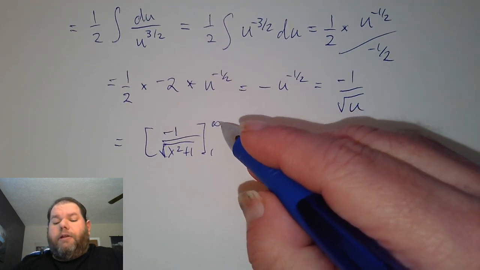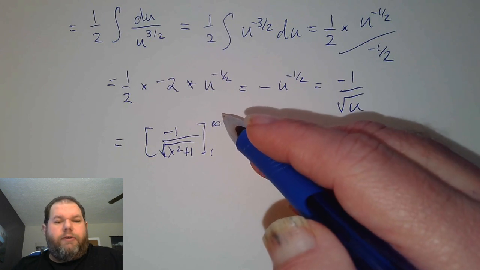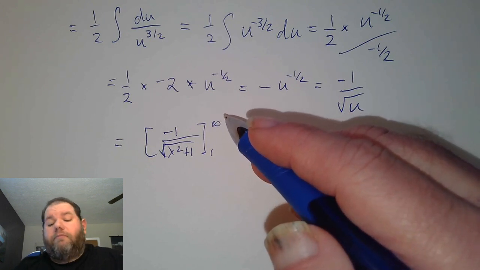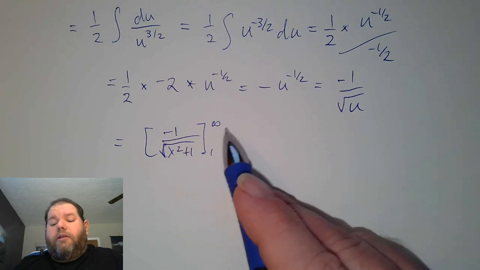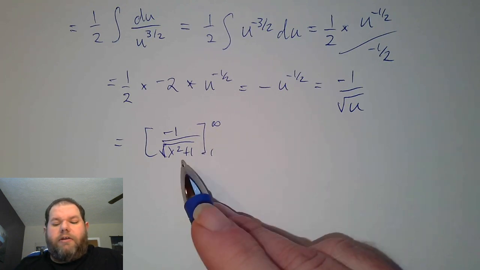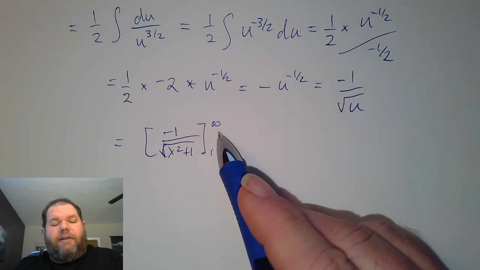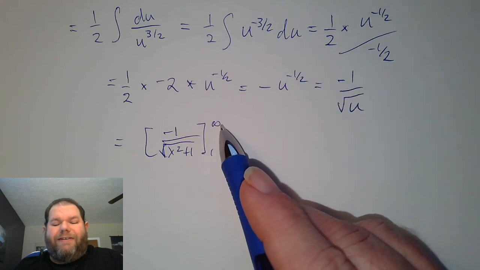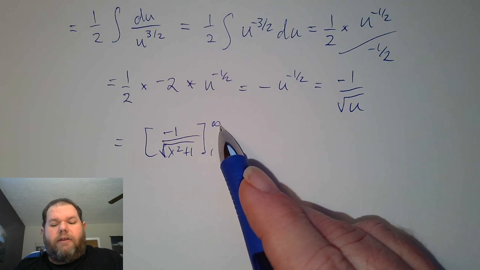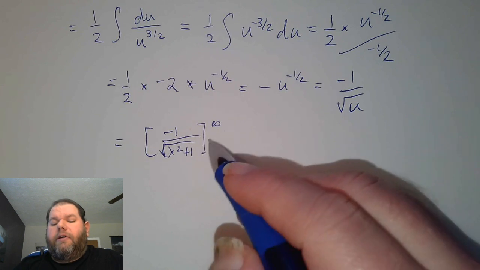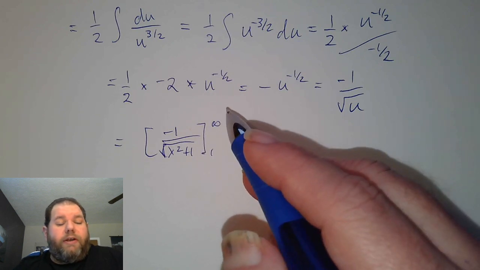So if we plug in infinity, now normally we would do this with the limit like we did back in chapter 8. And t approaches infinity and then plug in t, and it's this whole process. But it's actually easy enough, I think, just to think about as if we plug in infinity, what's going to happen here. And there's one of two things that are going to happen.